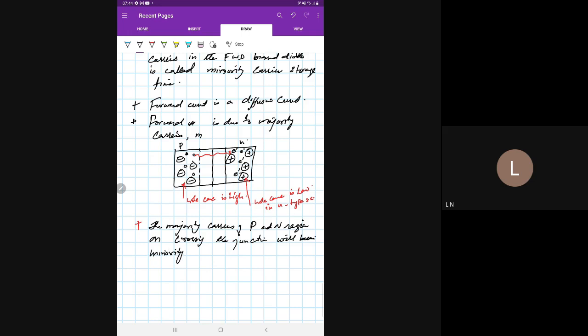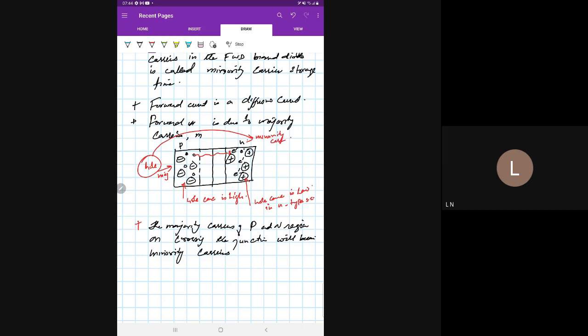Now see, a hole was a majority carrier in P side, but once it moved towards the N region, here it is a minority carrier.